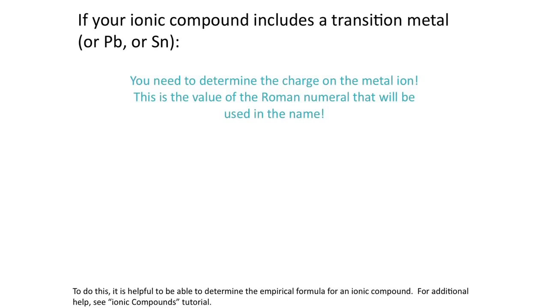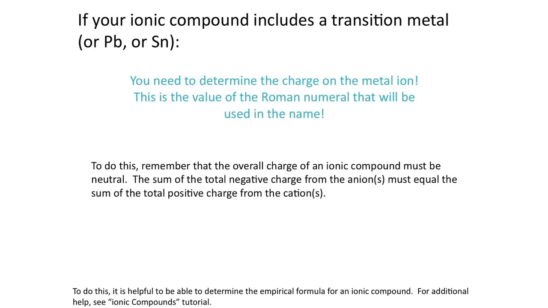The Roman numeral is the charge of the metal ion. In order to do this, we need to use a little bit of deductive reasoning. Remember, the overall charge of an ionic compound must be neutral, so the sum of the total negative charges from the anions must equal the sum of the total positive charge from the cations.